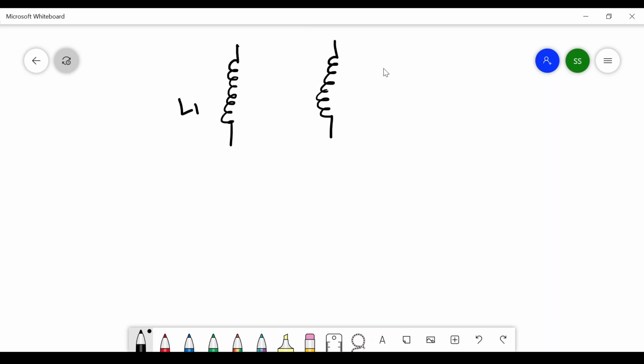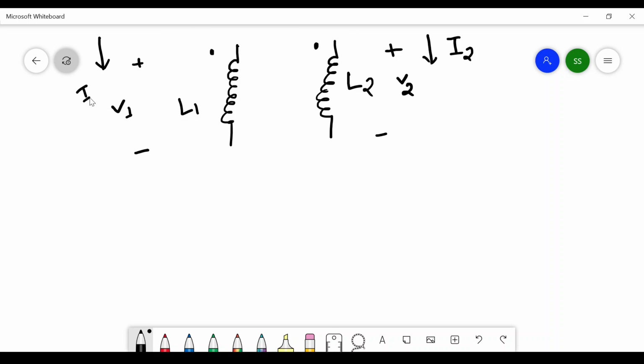Here the self inductance is L1, here the self inductance is L2. Now I have put two dots here, arbitrary dots you can say, and in the circuit the voltage is like this, and with respect to the passive sign convention the current is like this.